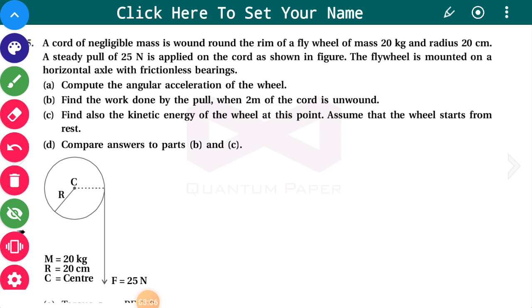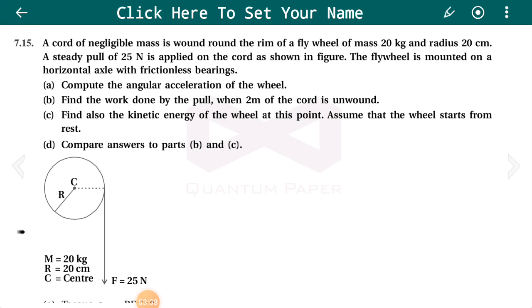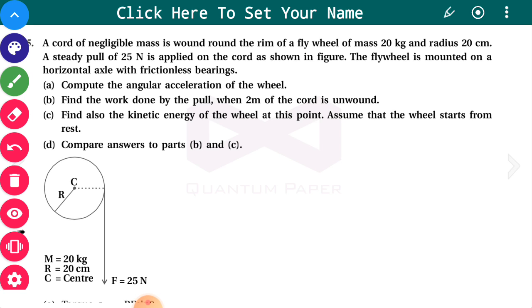Now example number 7.15. A cord of negligible mass is wound around the rim of a flywheel of mass 20 kg and radius 20 centimeter. A steady pull of 25 Newton is applied on the cord as shown in the figure.